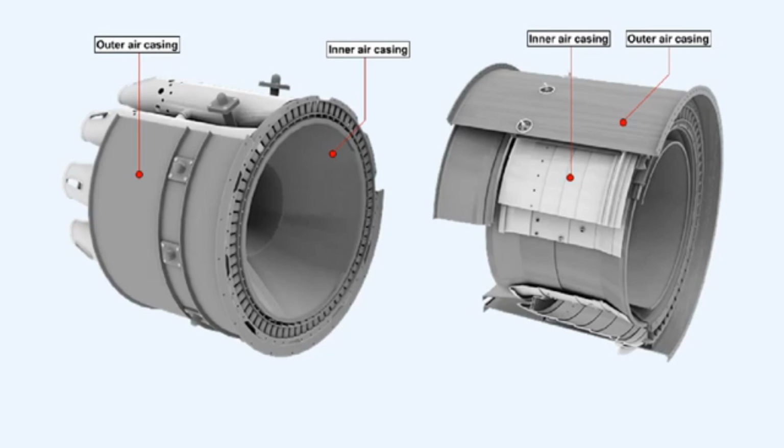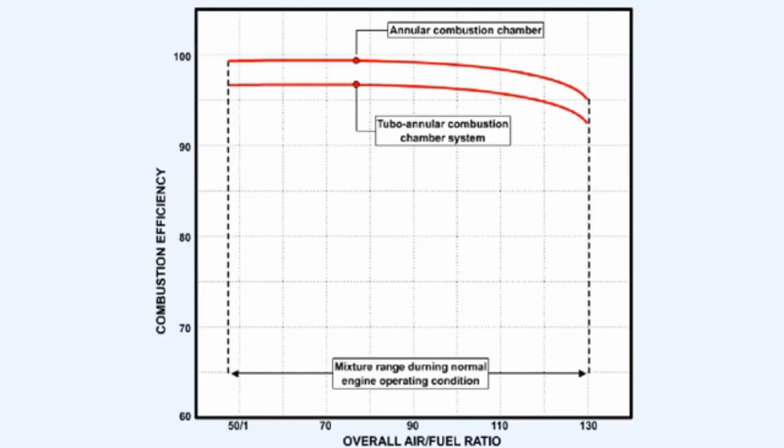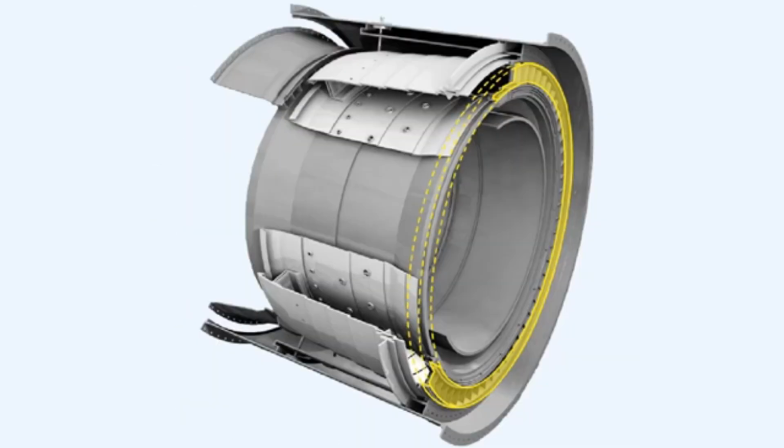Consequently, less cooling air is required. The combustion efficiency is raised to the point where unburnt fuel is virtually eliminated, allowing the oxidization of carbon monoxide to non-toxic carbon dioxide. There is a much better pressure distribution of the gases impinging on the turbine, so it has a more even load placed upon it.